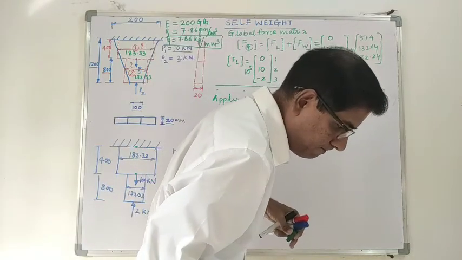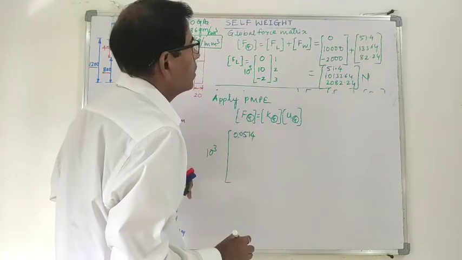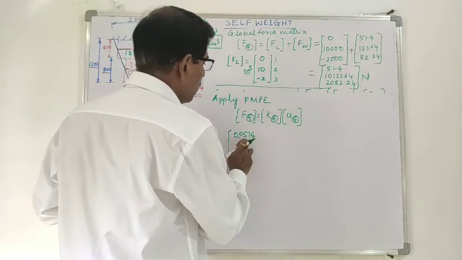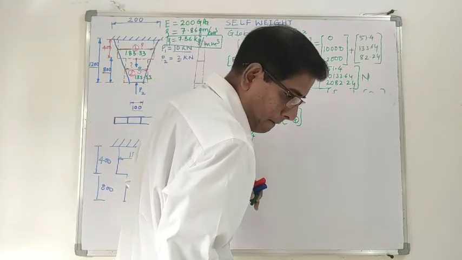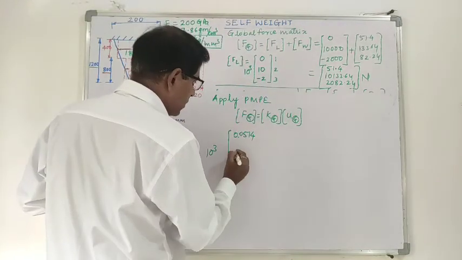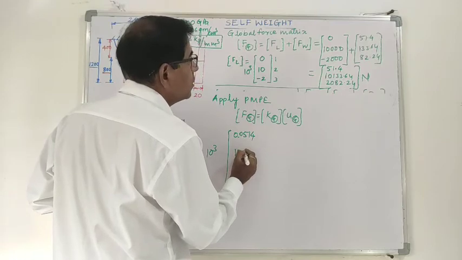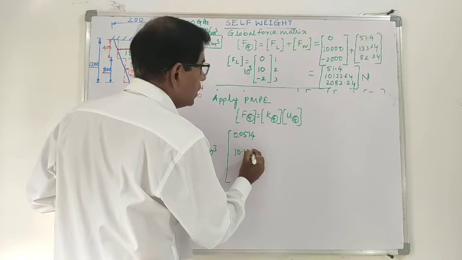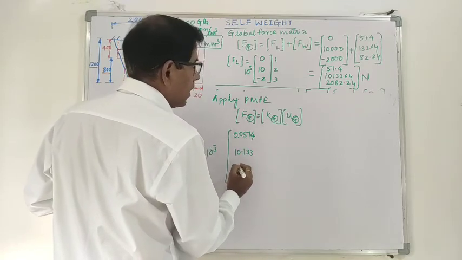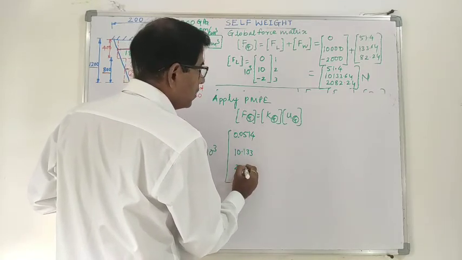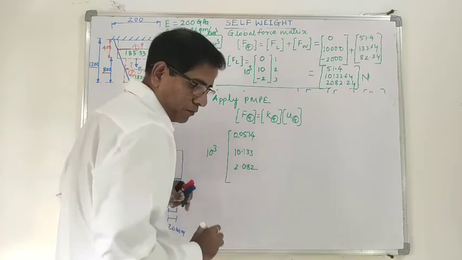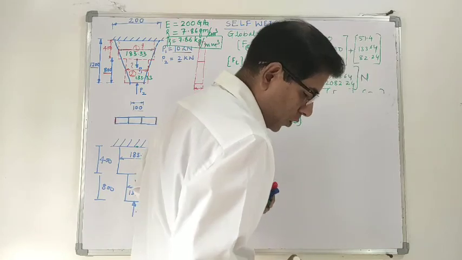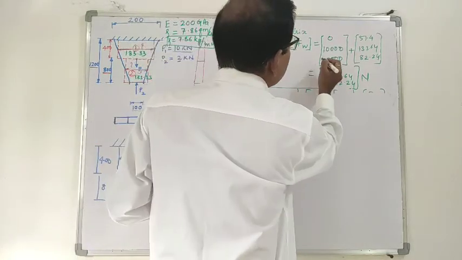So in the bracket it will be 0.0514, then this is 10.133 and this is 2.082. Now here there is a negative.